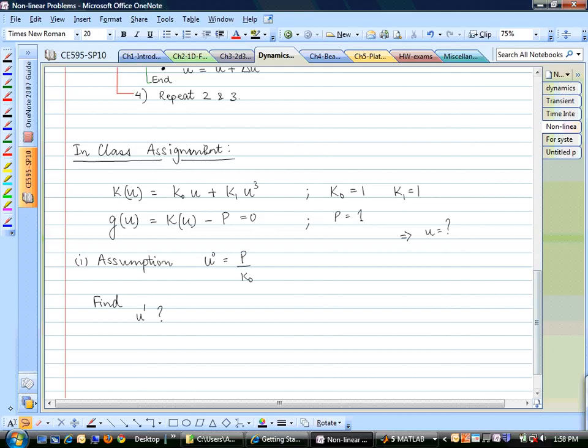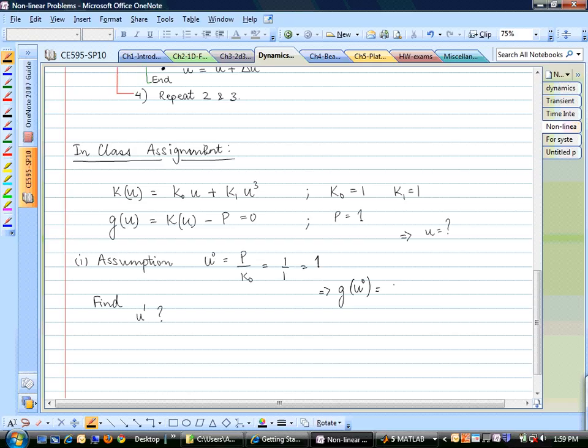So if you assume u0 to be equal to p over k naught, and plug in the values for p and k naught, 1 and 1, u0 is 1. What is the value of g at u0?